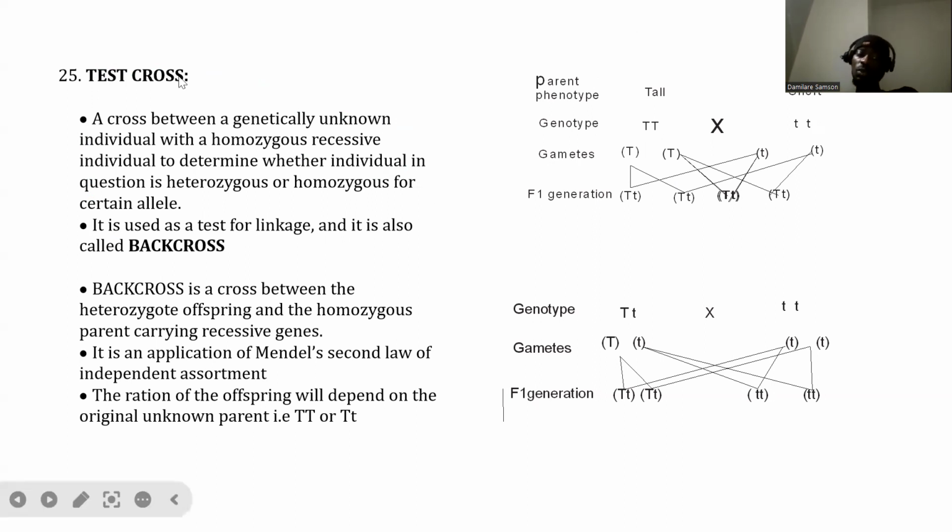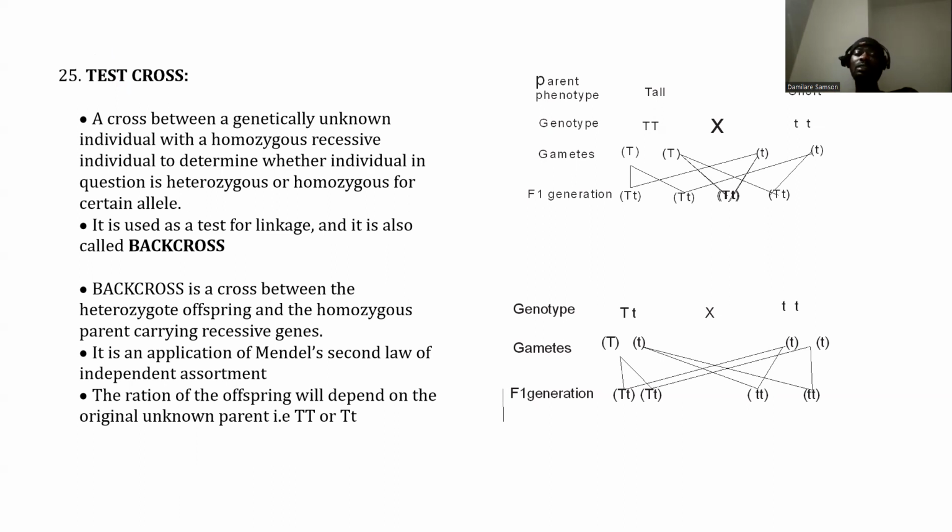A test cross is very simple. Test means you are testing something. You want to know what the result is going to be when you test it. In most cases, you test with homozygous parents or heterozygous parents. That is why we say it is a cross between a genetically unknown individual.